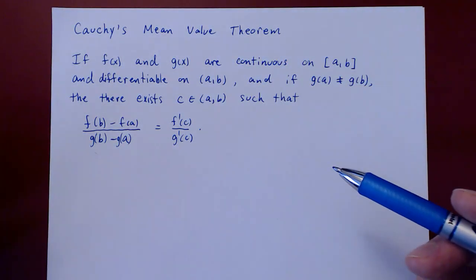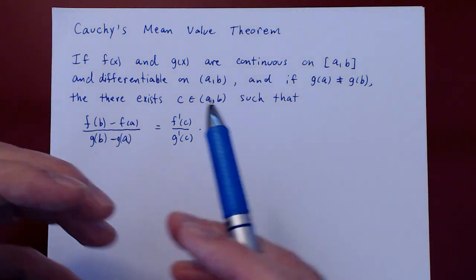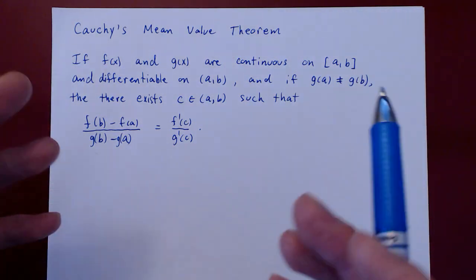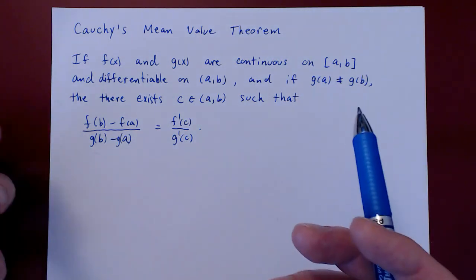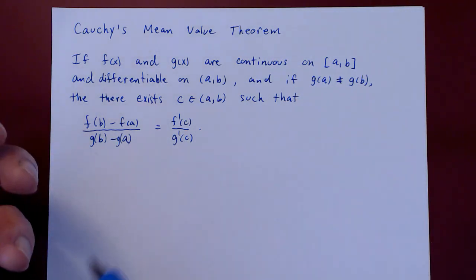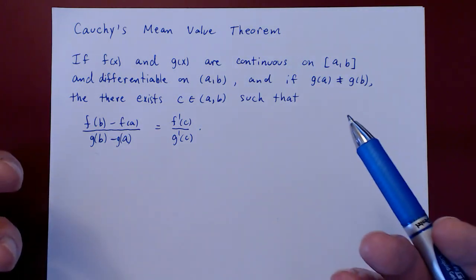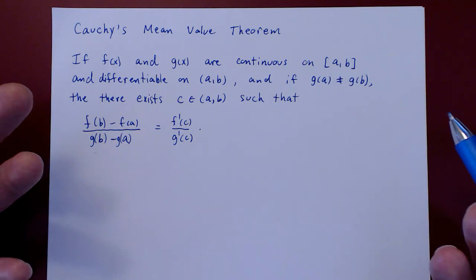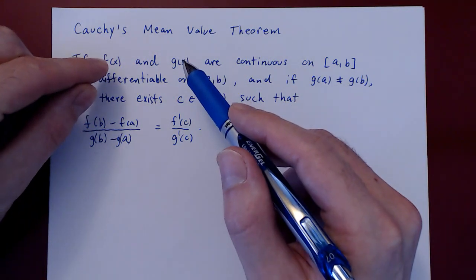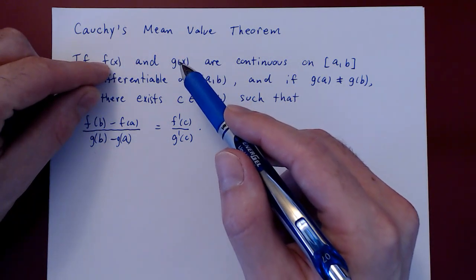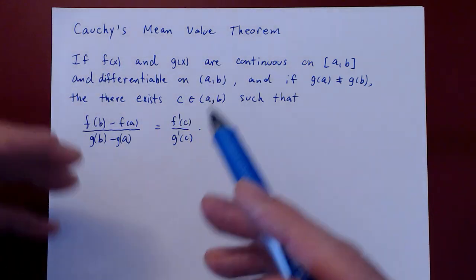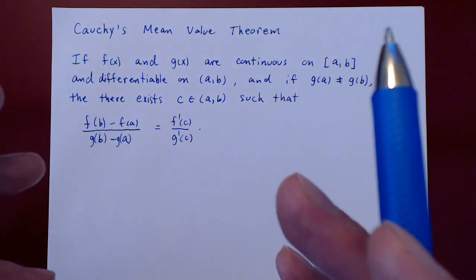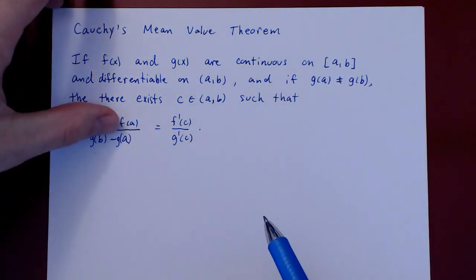If you think about this, we have two functions. If you think of an arbitrary curve in the xy plane, there are two coordinates: the first coordinate for the x coordinate, the second coordinate for the y coordinate. So a two-dimensional curve in the xy plane has two coordinates. What if we use one function for each of the two coordinates? What if we create, using f and g, a parametrized curve in the xy plane?